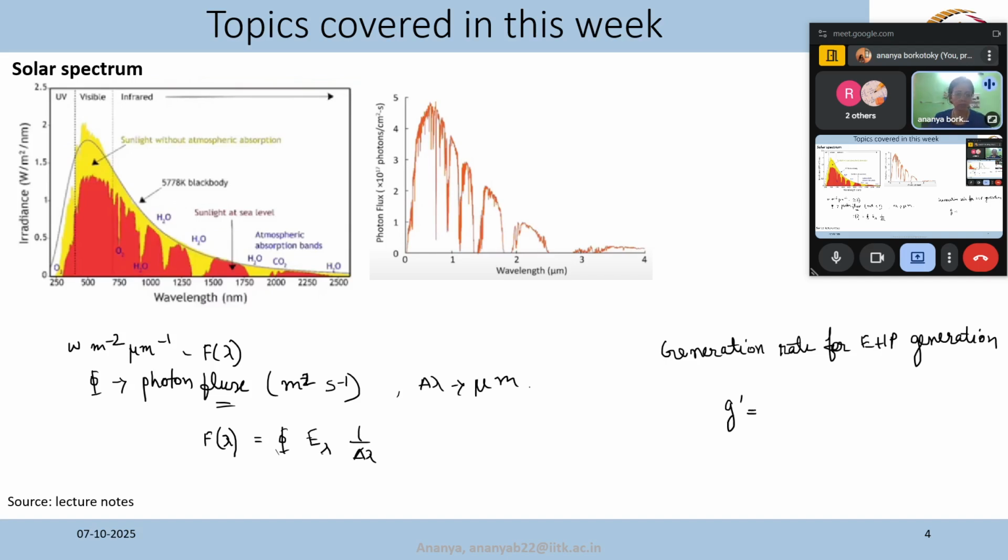There may be a different term, maybe sir has used some different term also. That is alpha times intensity over h nu, so this is basically energy.